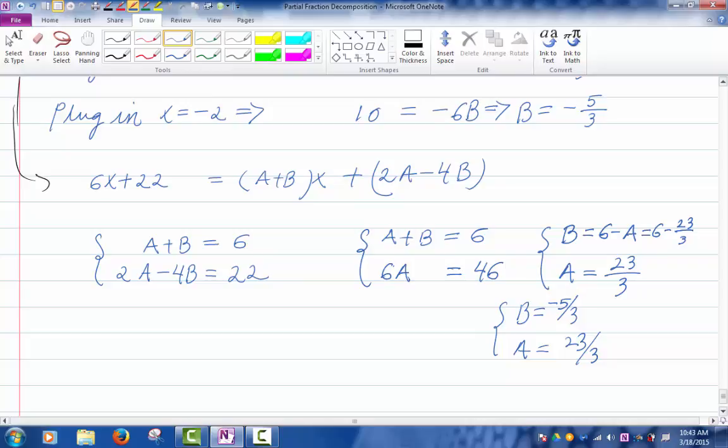I multiply the first equation by 4, whatever you get, add it to the second equation. Now if you cannot do it in your head, just multiply this out by 4, write it out, add it to the second equation, and then whatever you get, that's what's coming here. Am I making sense? Okay, so this is how you can find a and b.